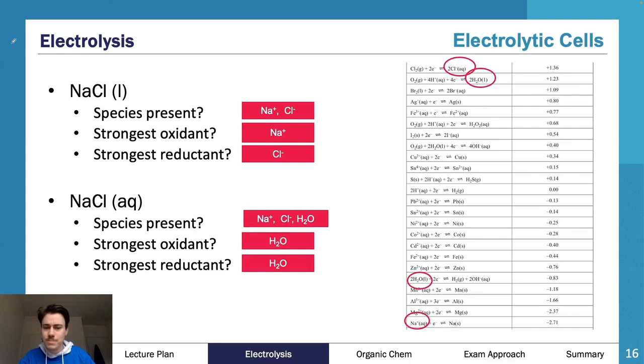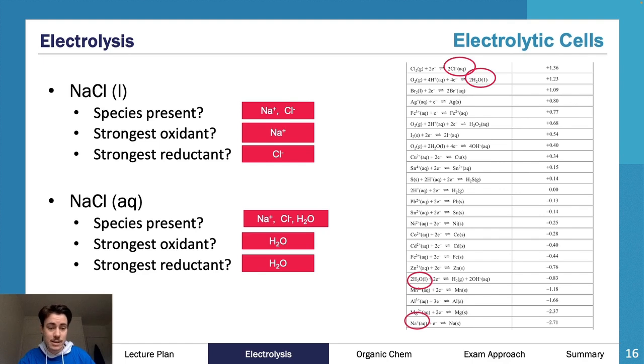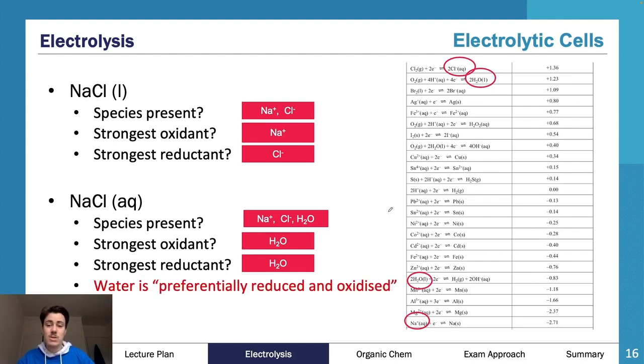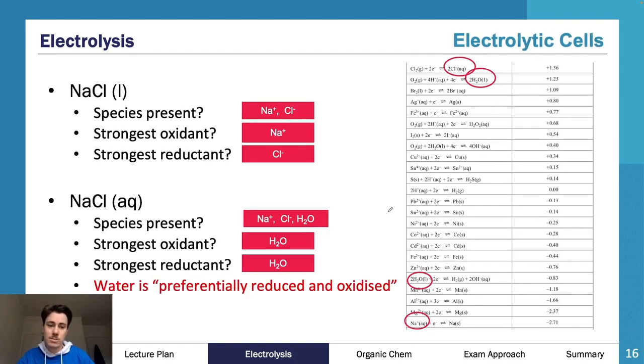And really important, if I try and do electrolysis to this, it's going to do nothing. It'll do absolutely nothing. It'll be absolutely useless. So therefore, in these scenarios, I need to sometimes consider molten. And that's something you will have discussed. As you can see, water is preferentially oxidized and reduced.